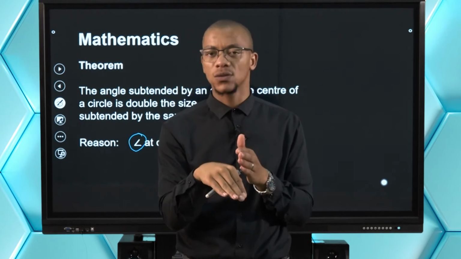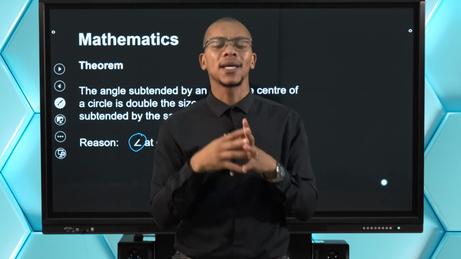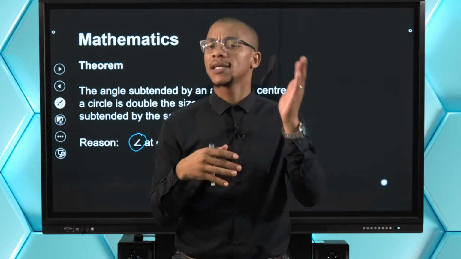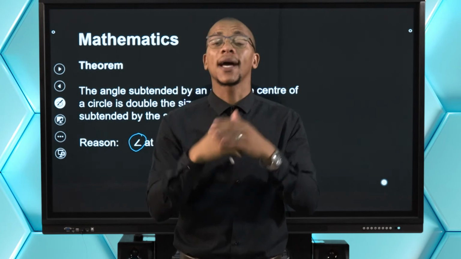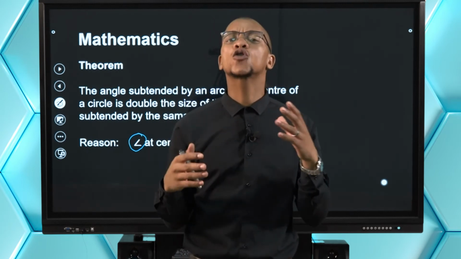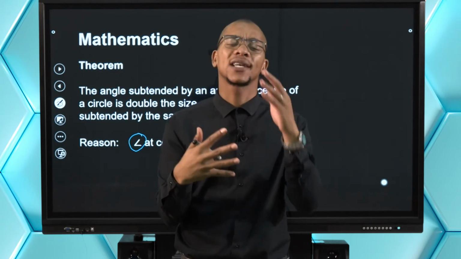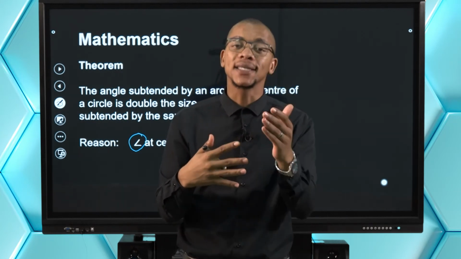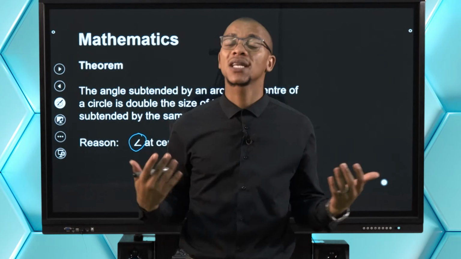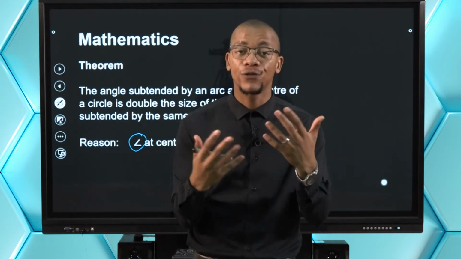Your reason will be what you are seeing on the board: angle at the center is 2 times angle at the circumference. You don't necessarily need to prove the theorem itself. You can just use it as a theorem because it has already been proven for you.